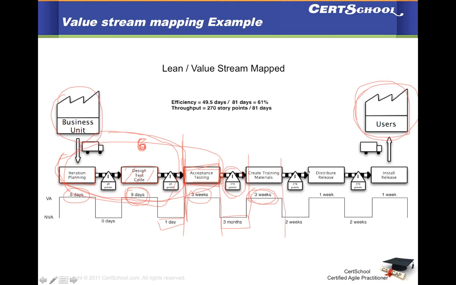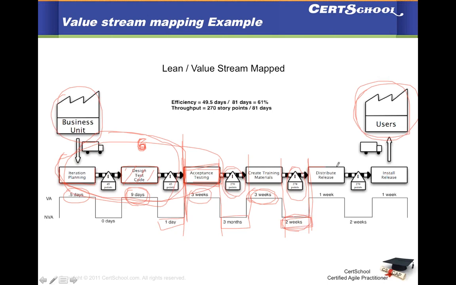Once that is done, it takes another 2 weeks before it is ready to be put in a staging environment. This distribute release is something similar to the staging environment that we looked at before. The important thing here is that we are still transferring 270 story points. Whatever time has elapsed is a non-value add.